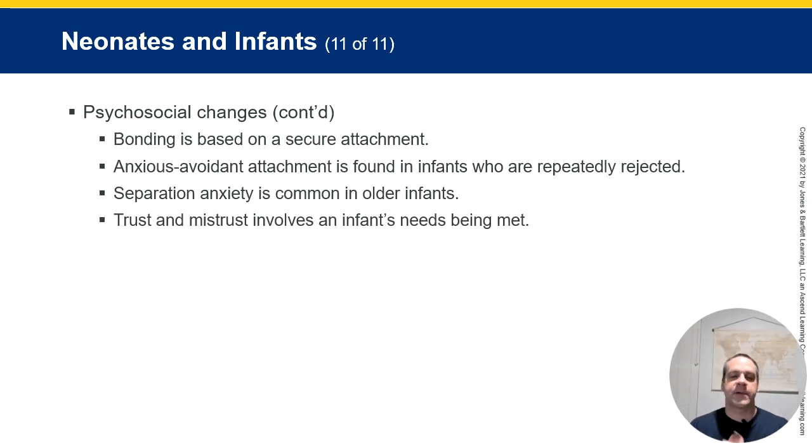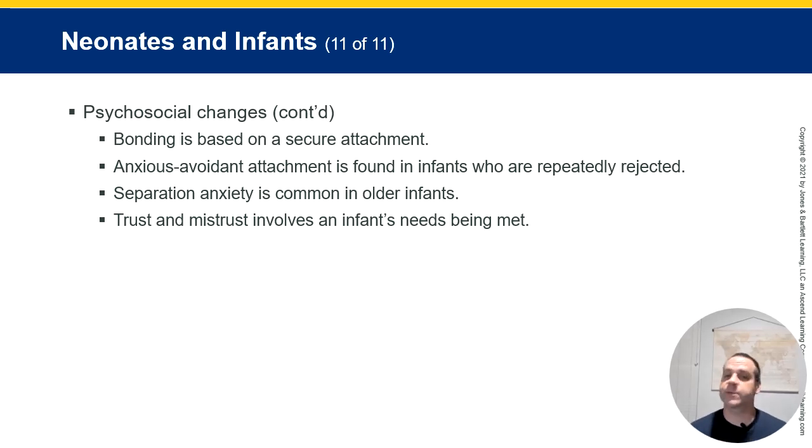So to wrap up our discussion on neonates and infants, we really have to understand the concepts of trust versus mistrust, which is the first stage of Erikson's theory of psychosocial development. This phase really spans from birth to about 18 months. During this time, infants are entirely dependent on their caregivers for food, comfort, hygiene, emotional support.